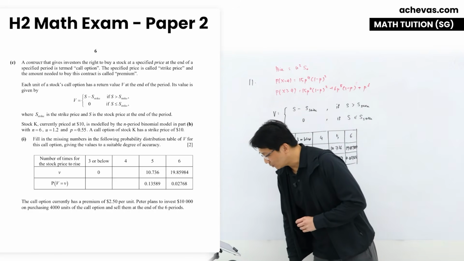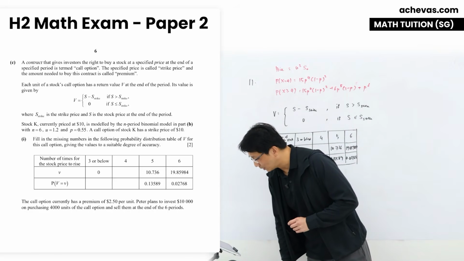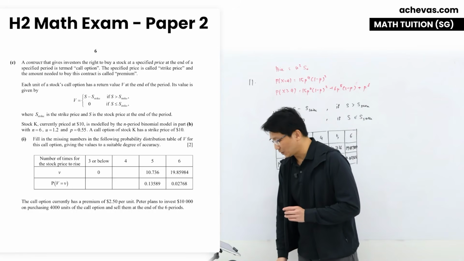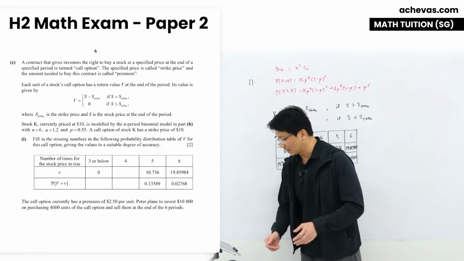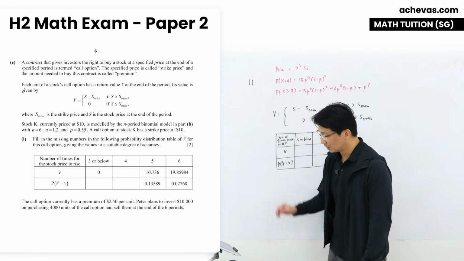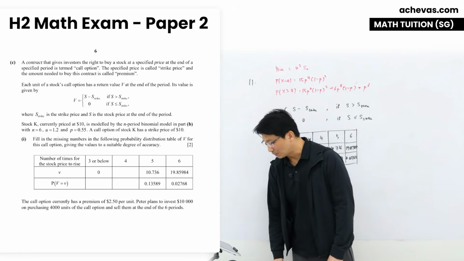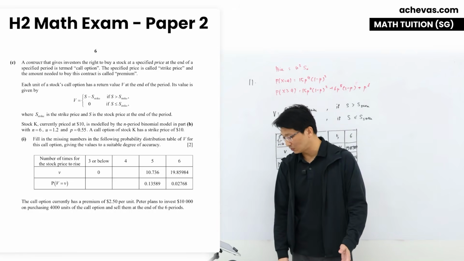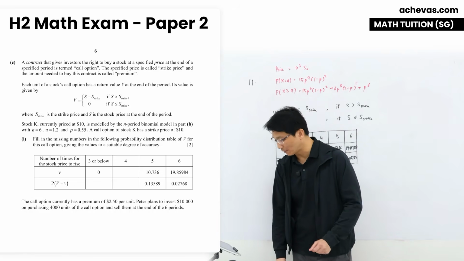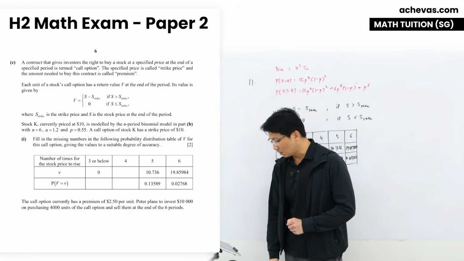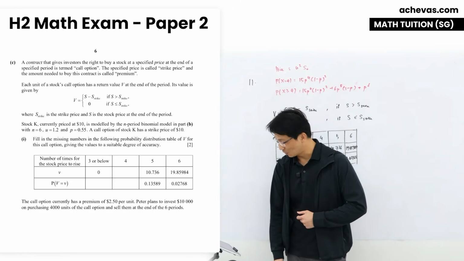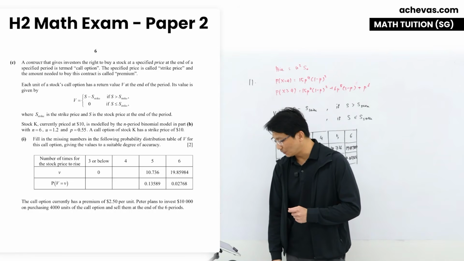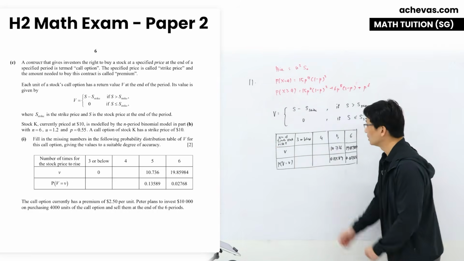We also have a stock K, which is currently priced at $10 and is modeled by this particular scenario, with some values given to us: n equals 6, u equals 1.2, and p equals 0.55. This call option of the stock K has a strike price of $10. We are supposed to fill in the missing numbers in the following probability distribution table for V, which is given here.